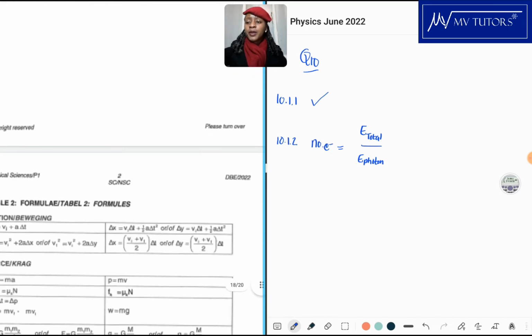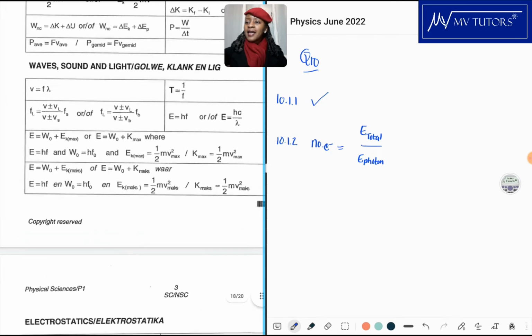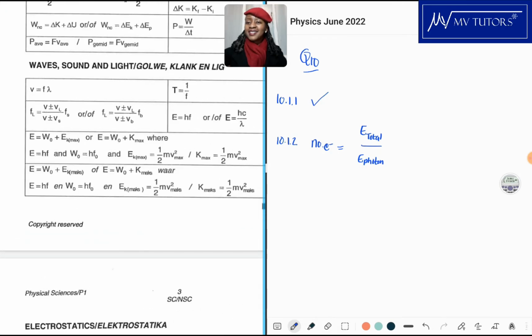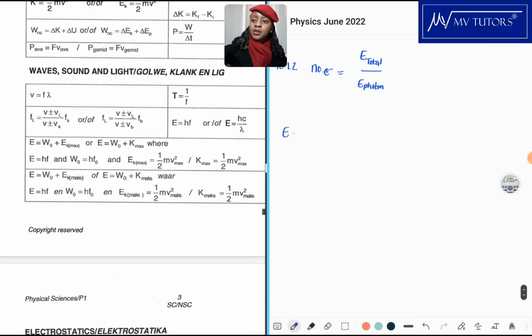And if you look at your equation, that packet of energy, so basically the energy of a photon, is equal to Planck's constant times the frequency.